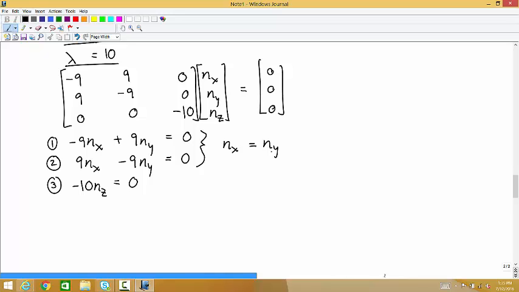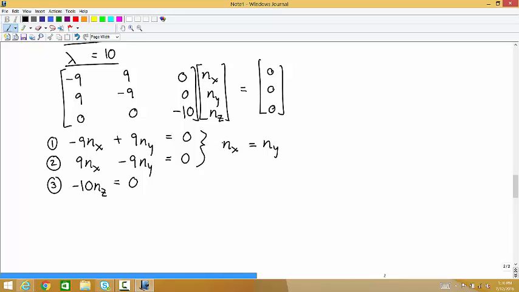You see that? Okay, so we know that there's no z component. We know those two have to be the same. So you can pick any value where nx and ny are the same thing and then normalize it, right?